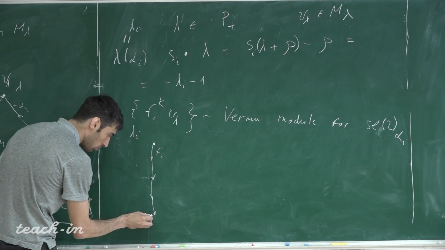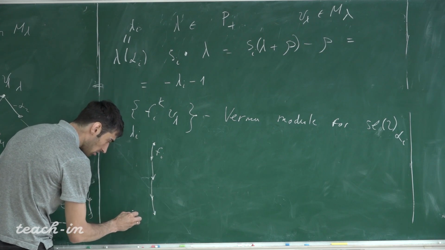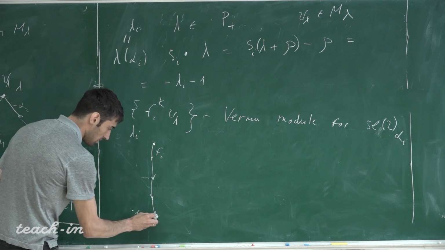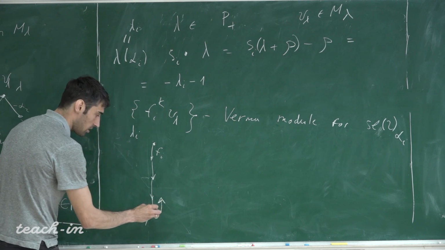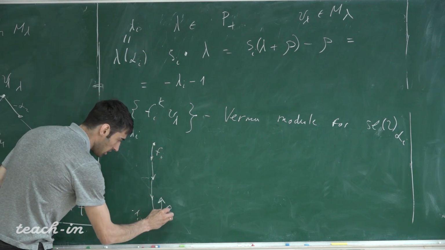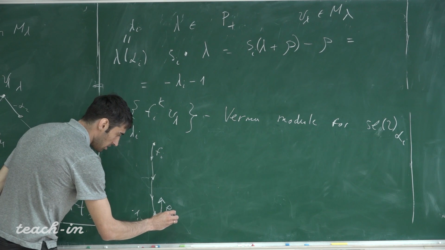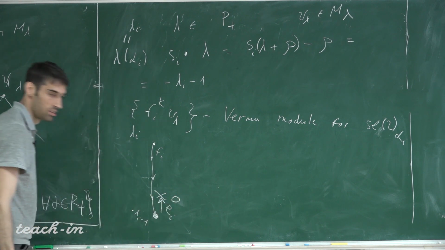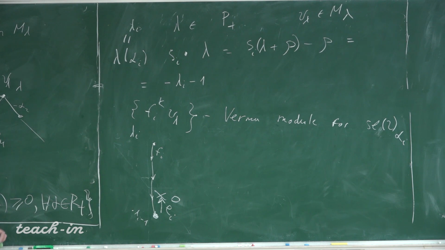If I go to negative lambda_i minus 1, then going back I get 0. So then e_i here goes to 0. So this is just representation theory of SL2, right?